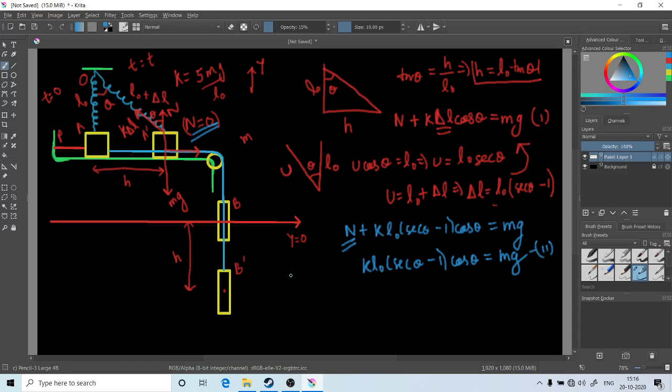Now putting the value of k, that is 5mg by L0, we get 5mg sec theta cos theta minus 5mg cos theta equals mg. Sec theta cancels with cos theta, and L0 cancels out.